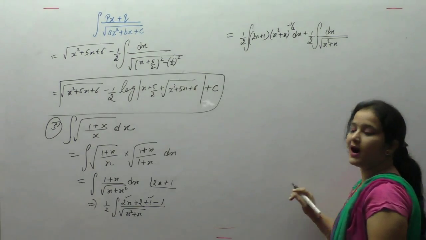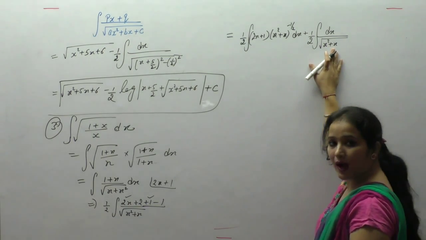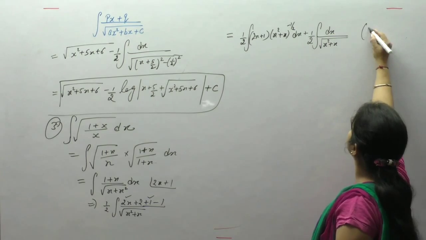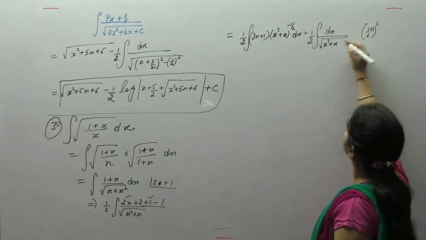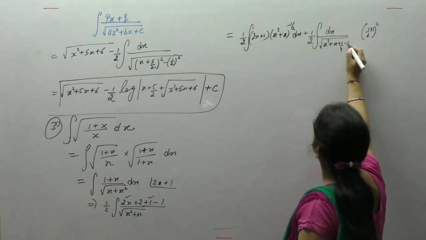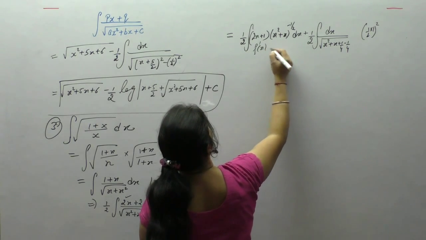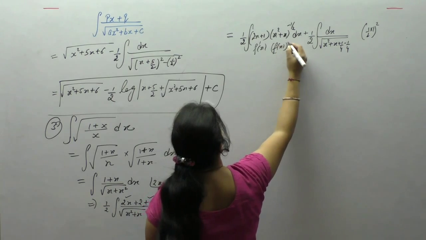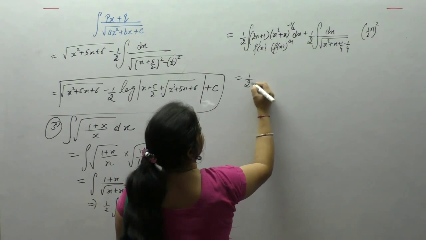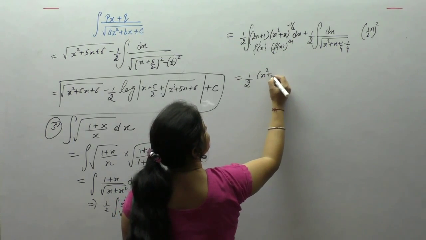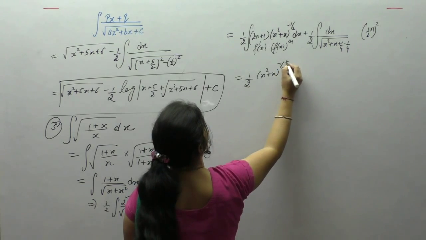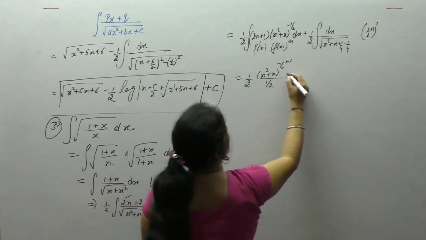Now here add half the coefficient of x, which is 1, so 1 by 2 square, half into 1, 1 by 4. Add and subtract 1 by 4 here. Now this is of the type f dash x into f of x power n: f of x power n plus 1, minus half plus 1 is half upon n plus 1.